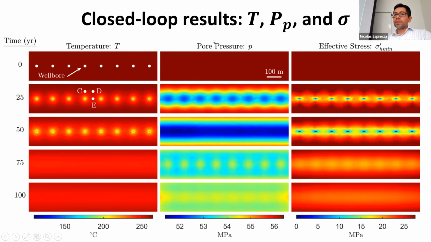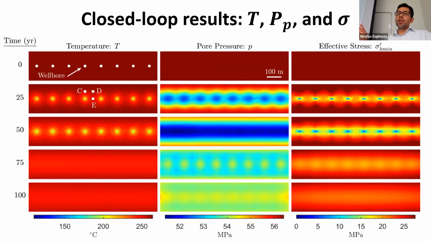Pore pressure starts at the value which is, in this case, at this step, around 56 MPa, and decreases with a decrease of temperature as a function of time. Why would this be? Let me give you a hint.